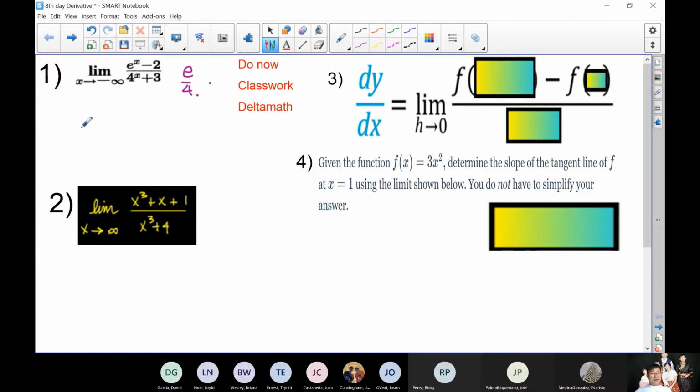Do I need to give him answer choices? I'll give him answer choices. So goes to 0, A; B, goes to infinity; C, negative infinity; D, E over 4; E, 2/3; F, negative 2/3; G, 3 over negative 2.